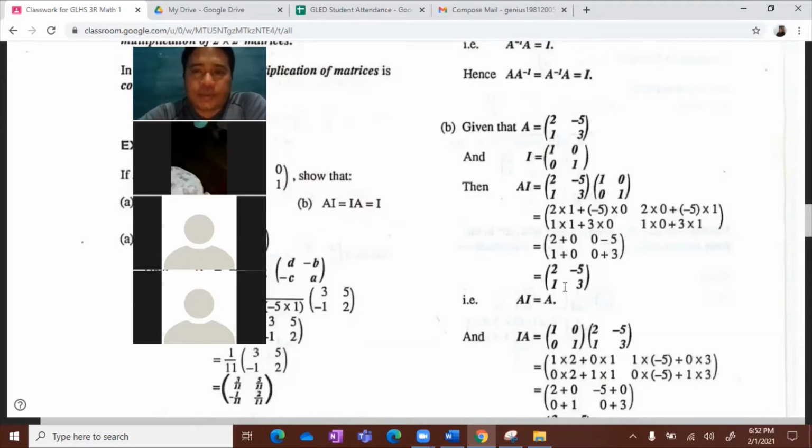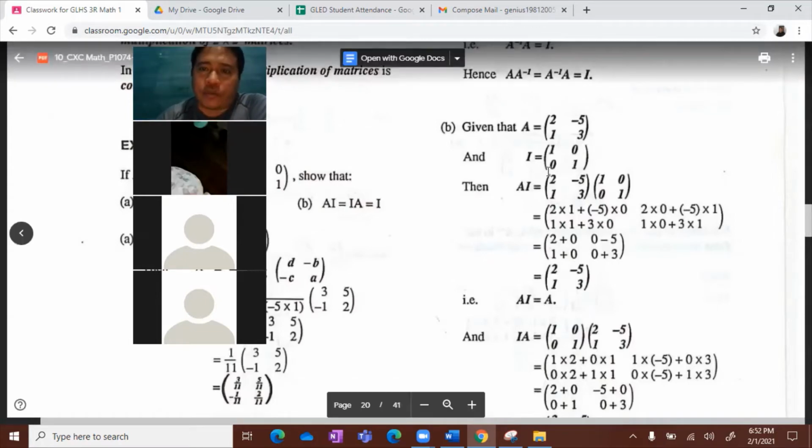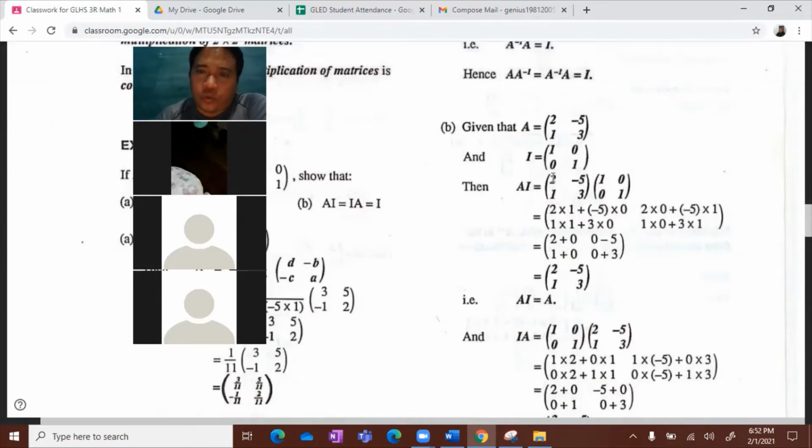Questions, guys? All right. Well, I got a question. Sure. Which part of multiple then come in? So how you say 2 times the 1? 2 times the 1, because remember it's row by column. So the first 2 on the left hand side goes to the 1 on the right hand side below, right?